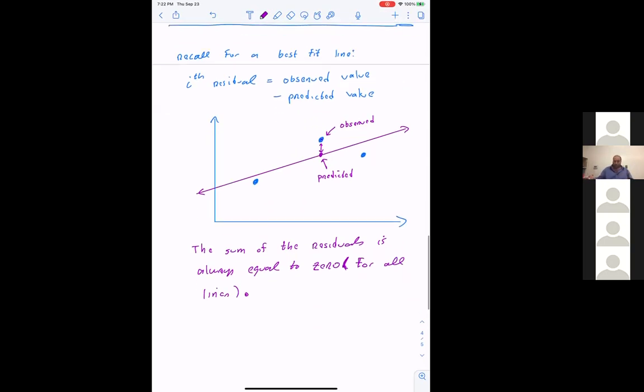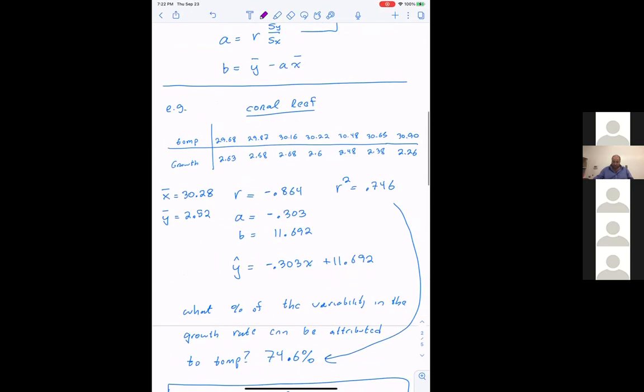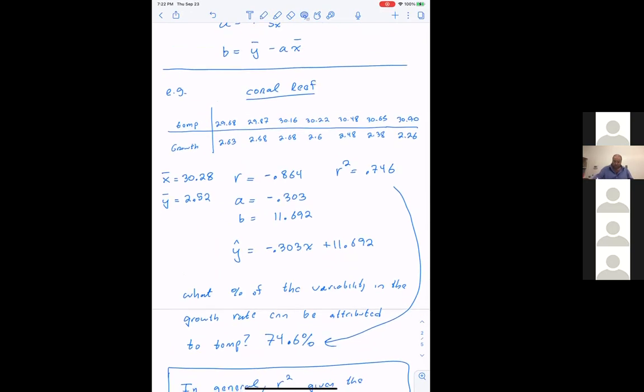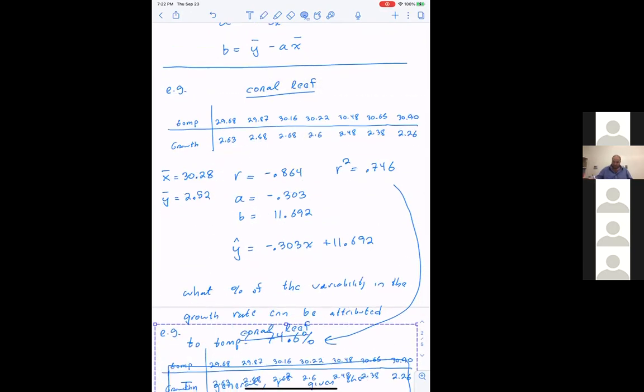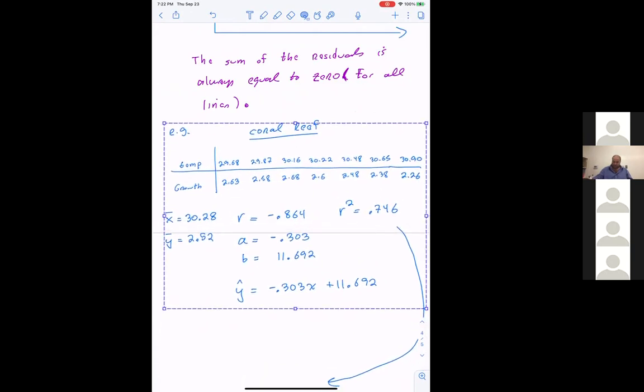Now, if we go back to our coral reef example, I'm going to copy this entire thing here. Okay, so I go back here. Question for you.